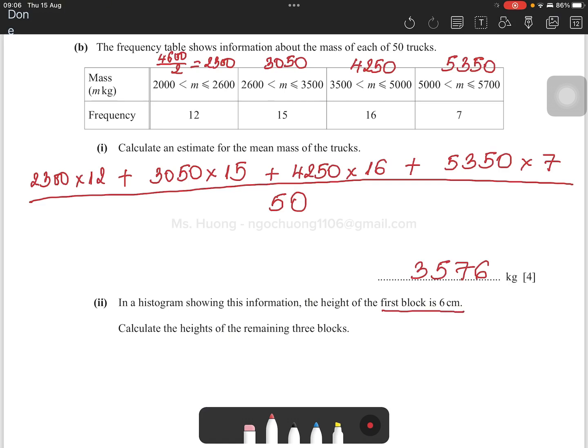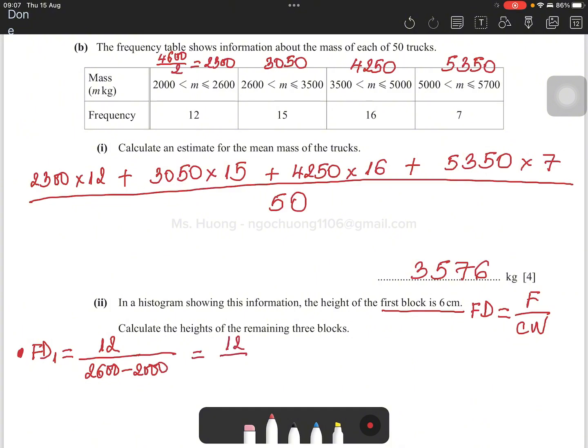Calculate the heights of the remaining 3 blocks. To draw the histogram, we need to know the frequency density. And you know the formula for the frequency density is equal to frequency divided by class width. For the first block, the frequency density is equal to the frequency, 12, divided by the class width, which is 2,600 subtract 2,000.